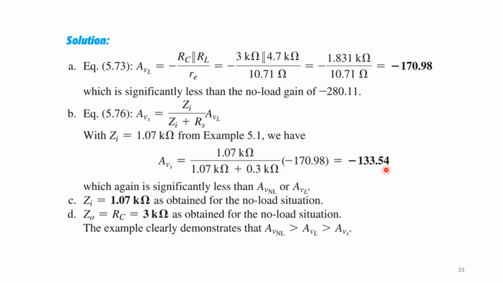And if we compare, the input impedance is the same, which is 1.07 kilo ohms, and the output impedance is also the same, which is 3 kilo ohms. Now I have not shown any of the work here. You should do this on paper yourself to demonstrate the workings that are involved.